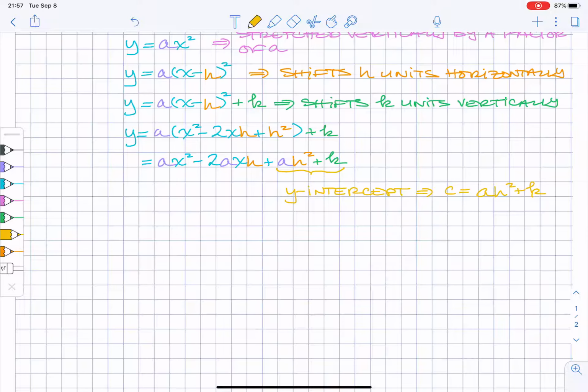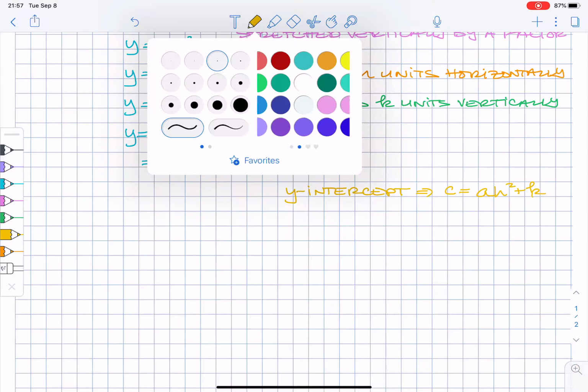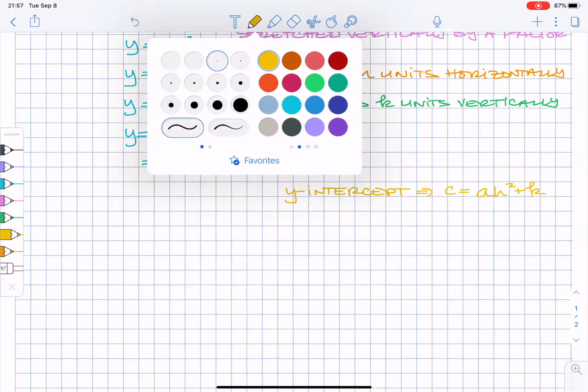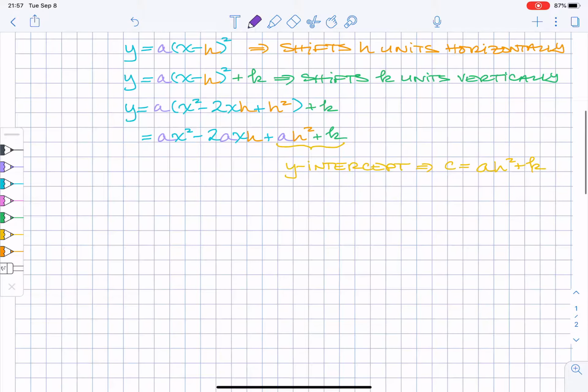So let's let b be equal to, well, I want b to be the coefficient of x. So that's going to be negative 2ah.